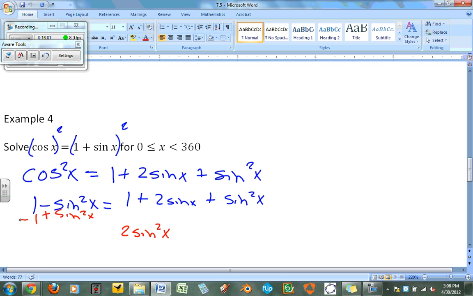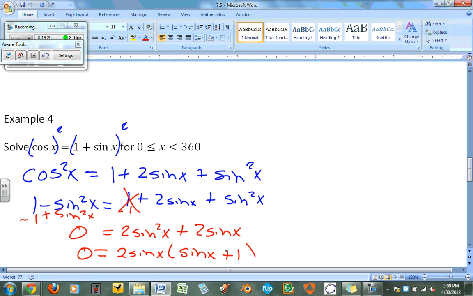I'm going to subtract 1, and those cancel out, plus 2 sine x equals 0. Again, we can pull a sine of x out, so 0 equals 2 sine of x times sine of x plus 1. And then we set both of these equal to 0.